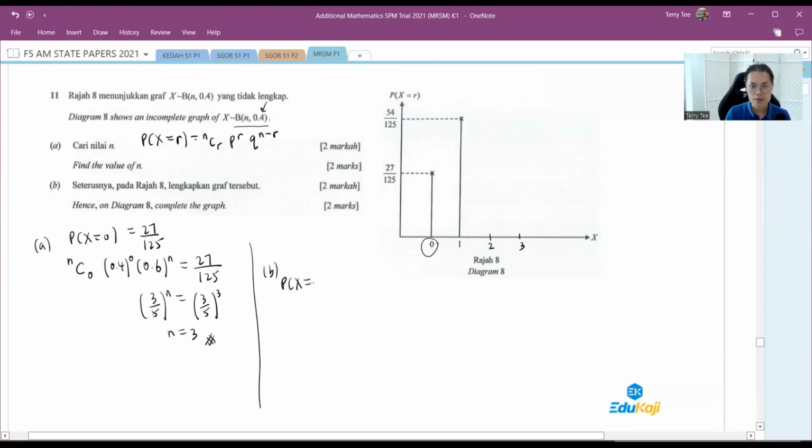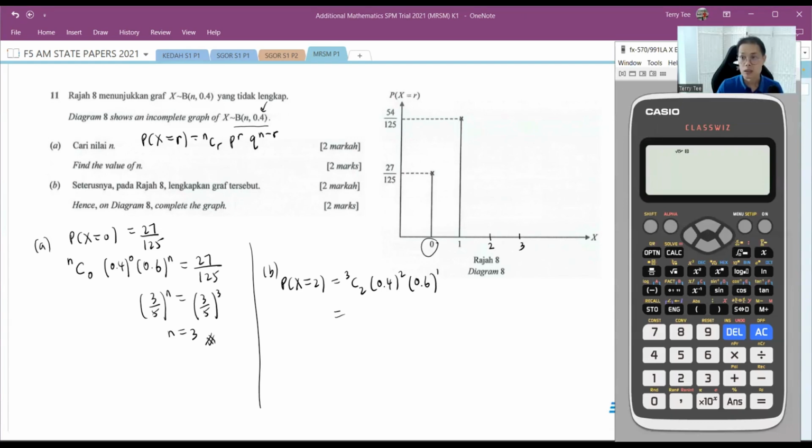So the probability of x equals to 2 is now n is 3, choose 2, p is 0.4, power 2, q is 0.6, power 1. Now we can multiply on the calculator as usual, but I like to show you this calculator because it can do even faster. You press mode 7, you go to number 4, binomial PD.